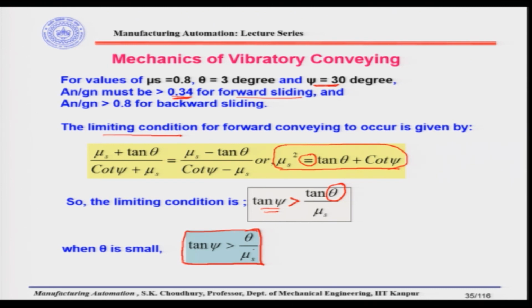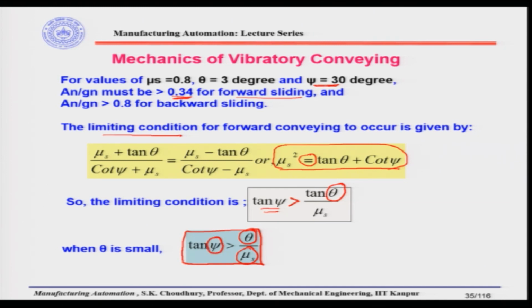This is much more simplified, because you can see that we have theta and mu_s, which are in our hands, in the sense that how much track inclination angle we are giving is the design criterion, and what kind of smoothness we are giving to the track and what kind of parts we are having, depending on that we will get the static coefficient of friction. So, once we have theta and mu_s, we can take the ratio and find out the value of the vibration angle.